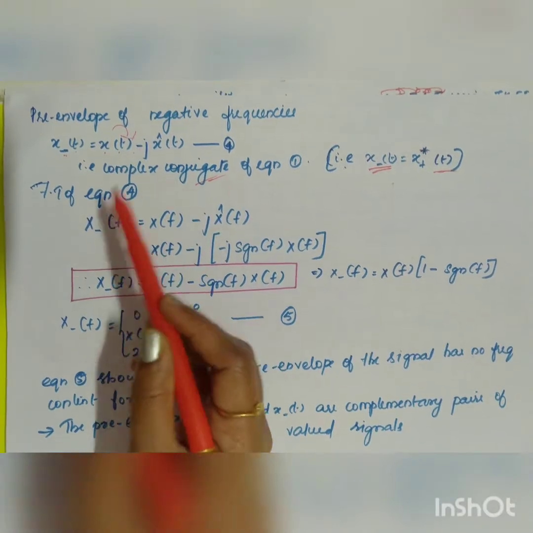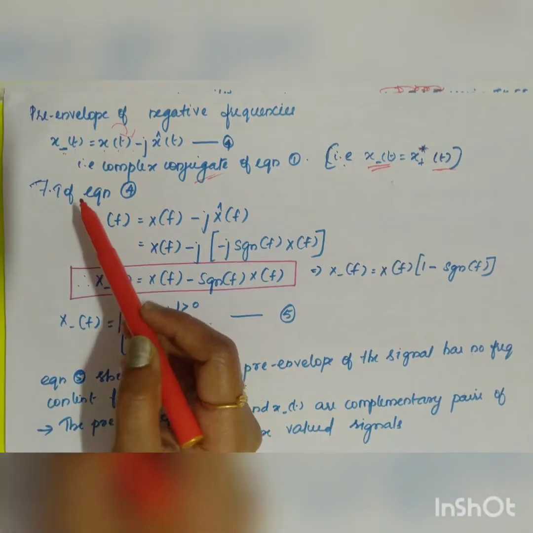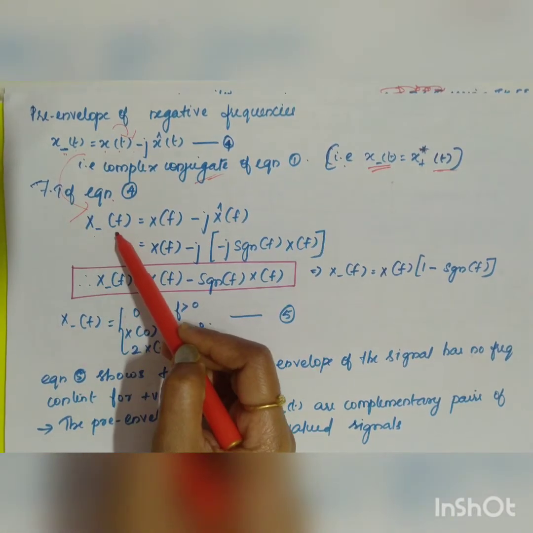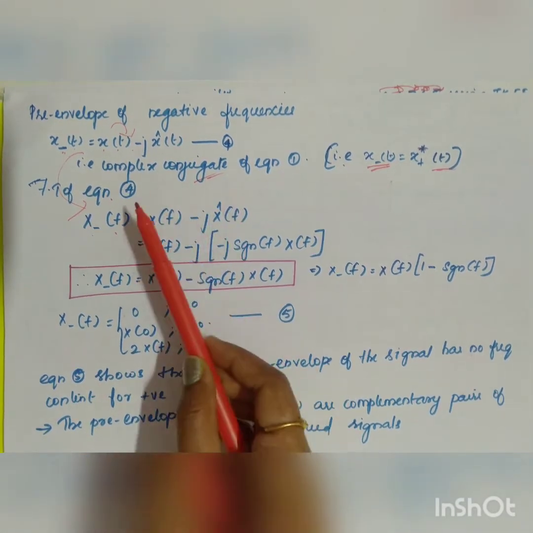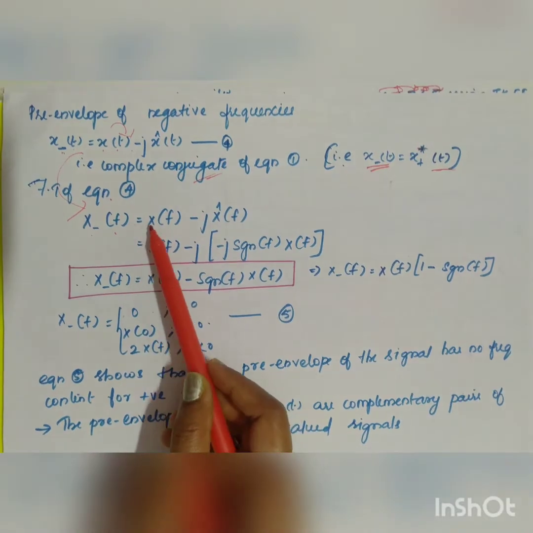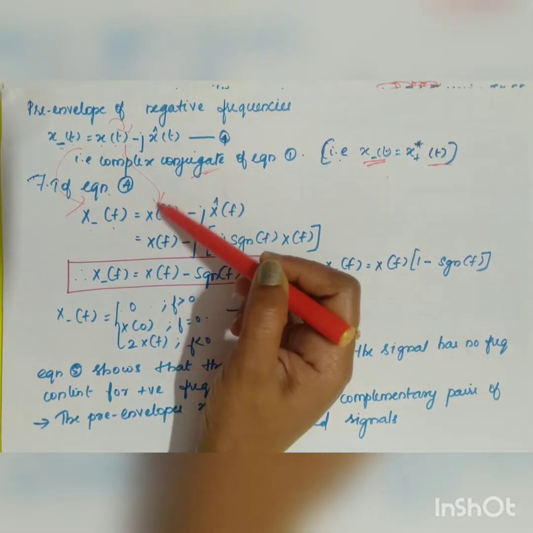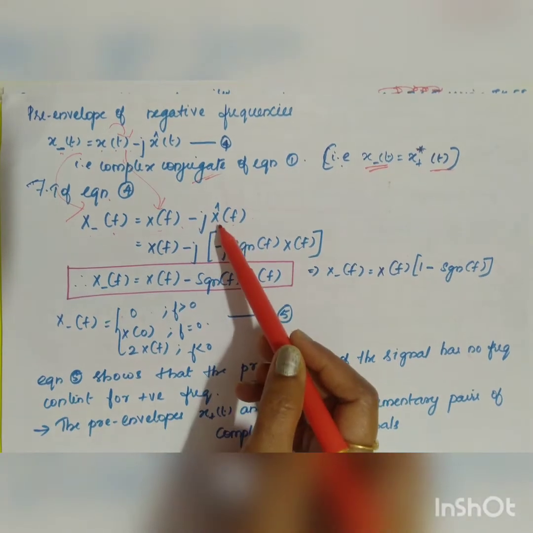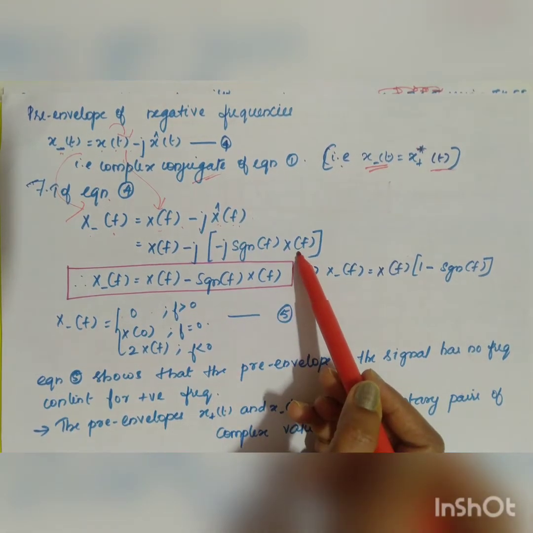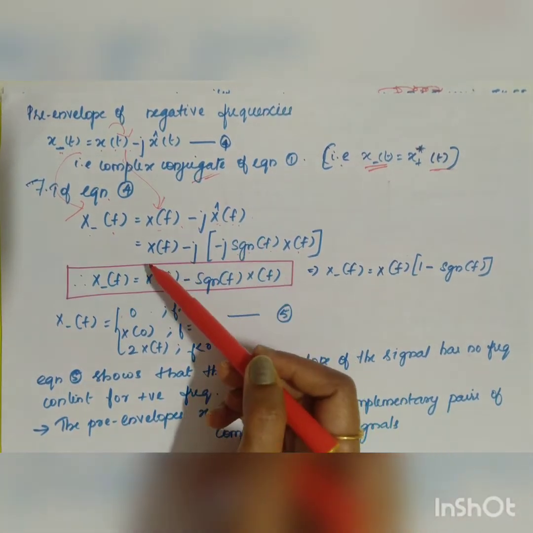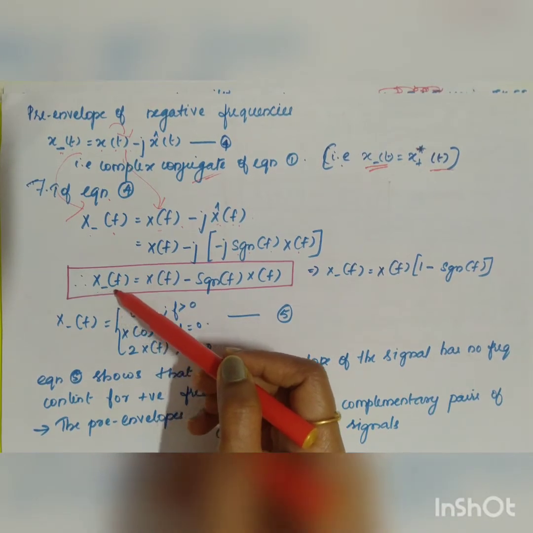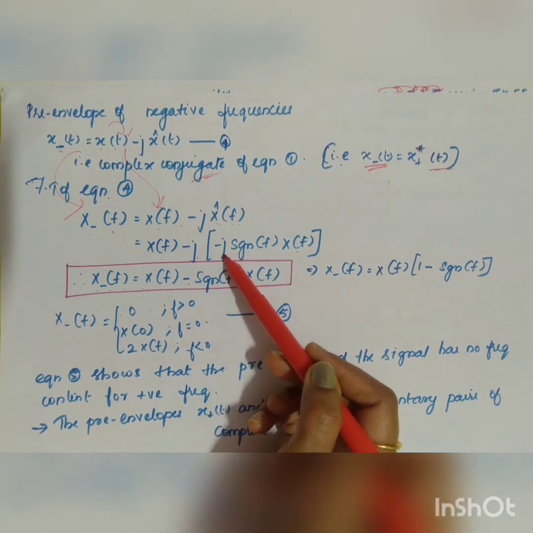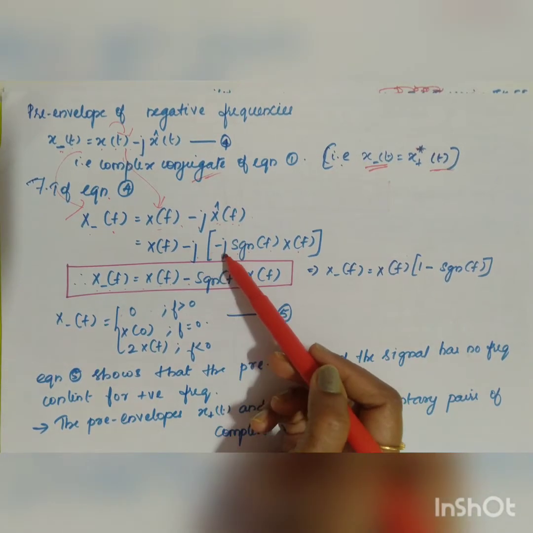Now proceed with the same formula. When you take the Fourier transform, what will you get? X-(f), with the same method as before: x(t) goes to X(f) minus j into X^(f). Already you know X^(f) is X(f) into minus j sgn(f). So X-(f) = X(f) - j into (-j sgn(f) X(f)).